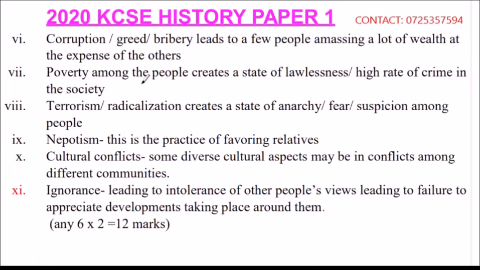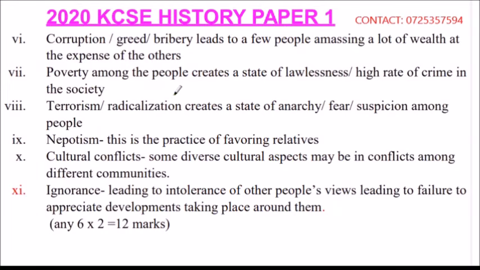Number 6, corruption, greed, bribery lead to a few people amassing a lot of wealth at the expense of others. So due to corruption and greed, that brings about a challenge in national unity.